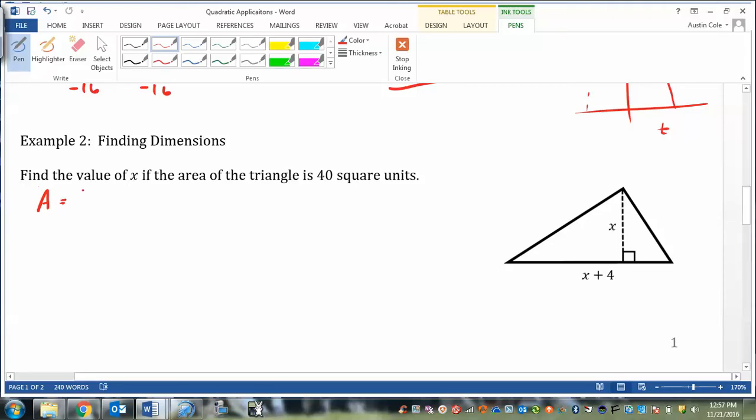Great. 1/2 the base times the height. So I'm going to have 1/2 times my base, which is x plus 4, times the height, which is x, and that's going to equal my area, which is 40.